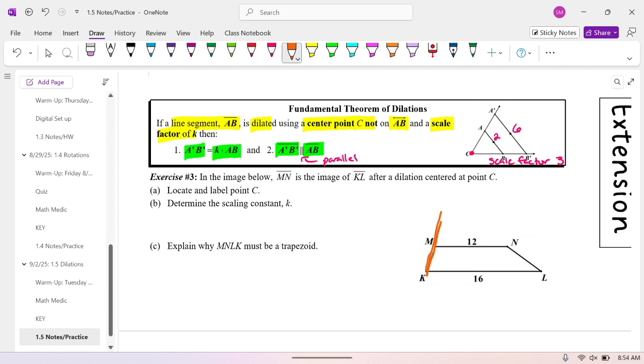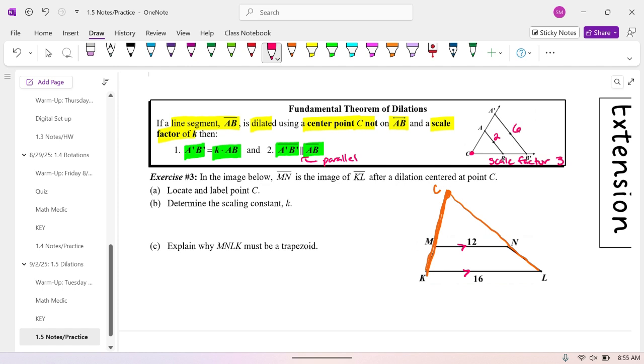Let's say I did it like this. So I connected the two lines that are not parallel to each other. This would be about where point C would be. Essentially, if you connect the two lines that are not parallel to each other, because we know that MN has to be parallel to KL, then we're good.